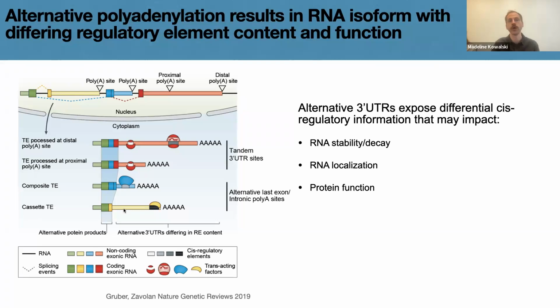But you can also have polyA sites in alternative last exons or even intronically, which can then also lead to alternative last exons. But all of these choices lead to differences in the repertoire of cis regulatory elements in the 3' UTR, and these can, in consequence, attract a different set of trans-acting factors. So therefore, alternative 3' UTR usage can influence RNA stability and decay, for example, RNA localization, or also protein function directly.